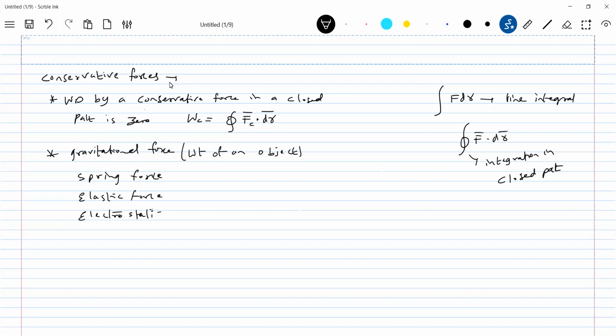So time being, I'll just put electrostatic. Then magnetostatic. These all come under the category of conservative force. These are the examples: gravitational force, spring force, elastic force. Time being, these three forces are what we'll be discussing in the present chapter.